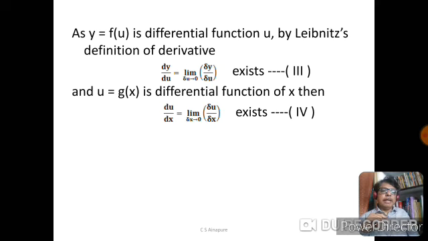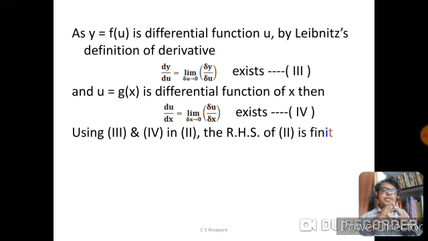Now, see, if we use these terms in equation 2, then equation 3 gives the first term of RHS and equation 4 gives the second term of RHS. So, equations 3 and 4, what do they give? They give that the RHS of equation 2 is finite, and whenever RHS is finite, LHS must be finite. So, equation 2 is such that its RHS exists, so LHS exists.